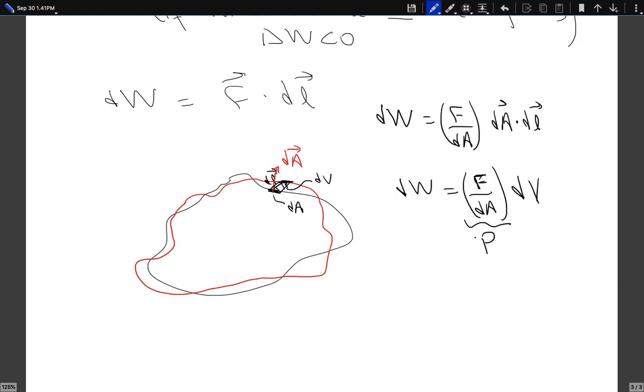And F over dA is usually called the pressure. I skipped some detail: in the definition of pressure, it has to be the perpendicular area, but in the expression of dW, the force is also the perpendicular force, in the direction of dA. So dW is P times dV.